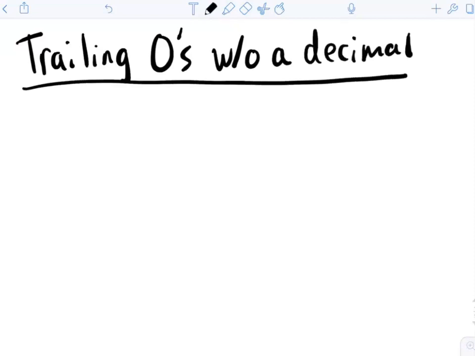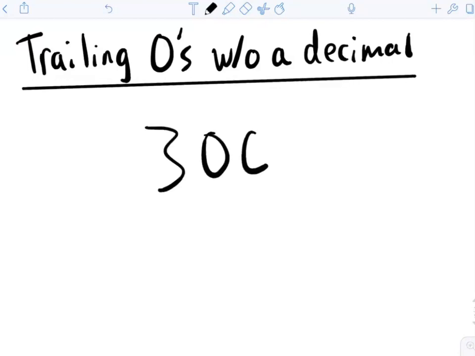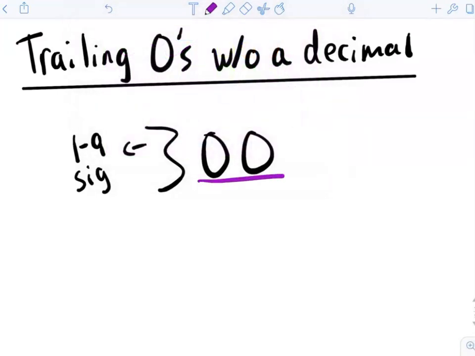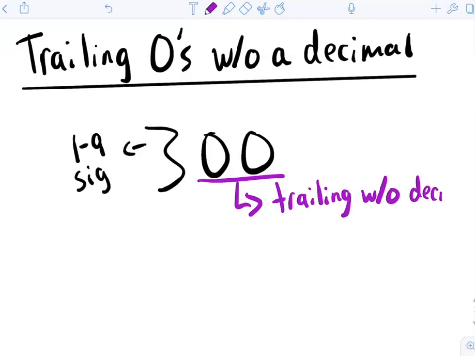In this case, that would be if we had something like this. 3 is going to be always significant because it's a 1 through 9. But now, these zeros, there is no decimal. So they are trailing without a decimal. So they are insignificant.